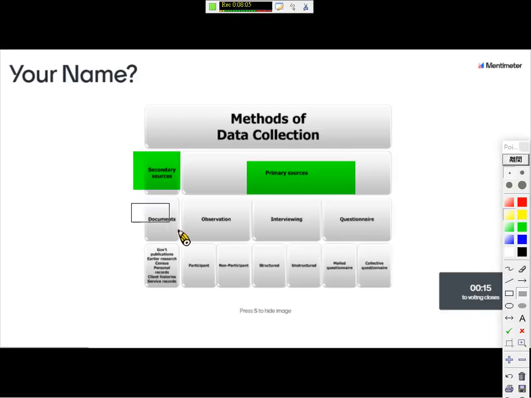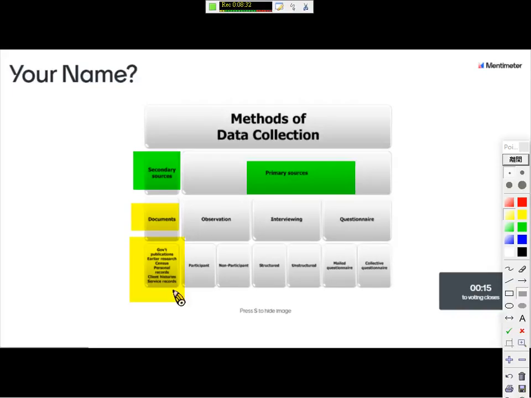They are all kinds of documents: government publications, earlier research papers, periodicals, records and checklists, and anything that is already there. They are secondary data, in forms of documents, maybe digital documents or paper documents, right? So everything that already exists is secondary data.